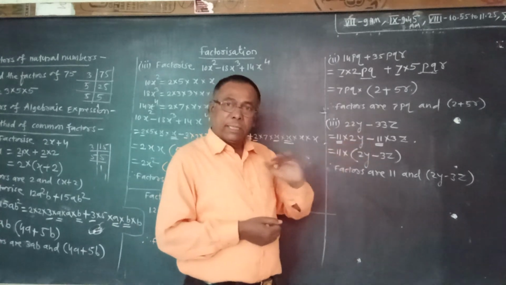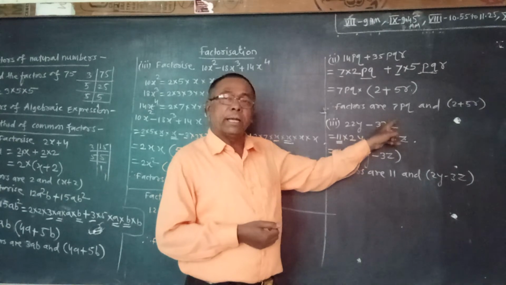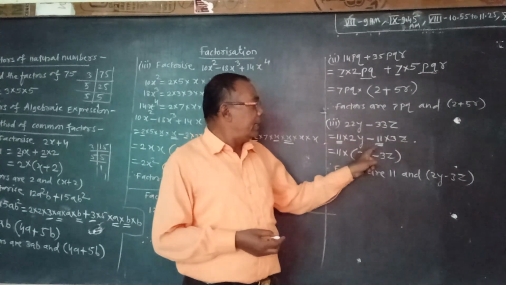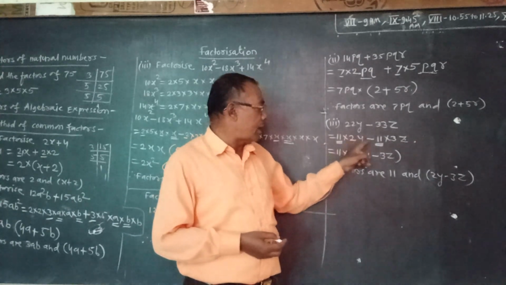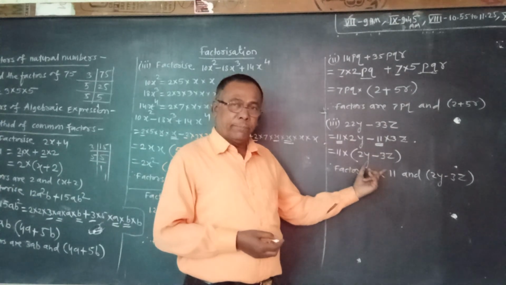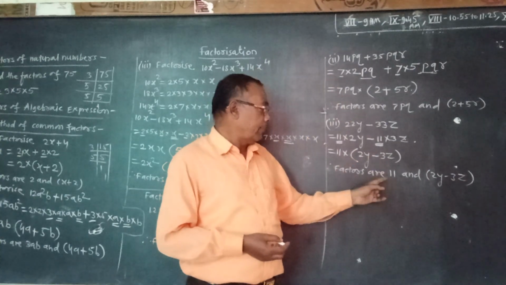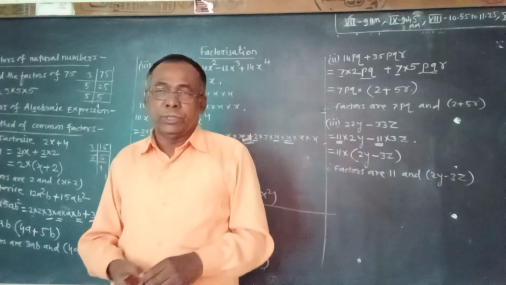Minus 11 3s are 33, so 11 into 3, write z as it is. From both these terms only 11 can be taken as a common, and the remaining terms are 2y minus 3z in the bracket. In this way the factors of the given expression are 11 and 2y minus 3z.